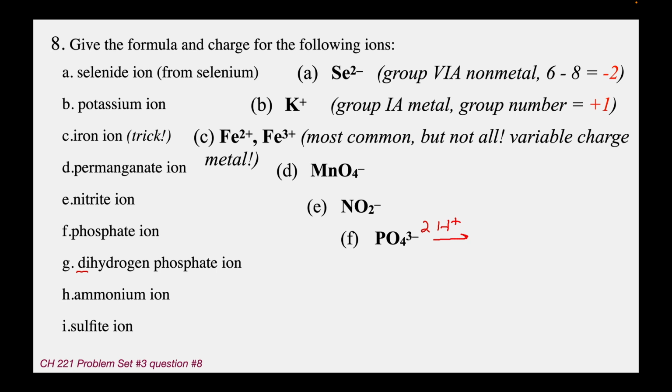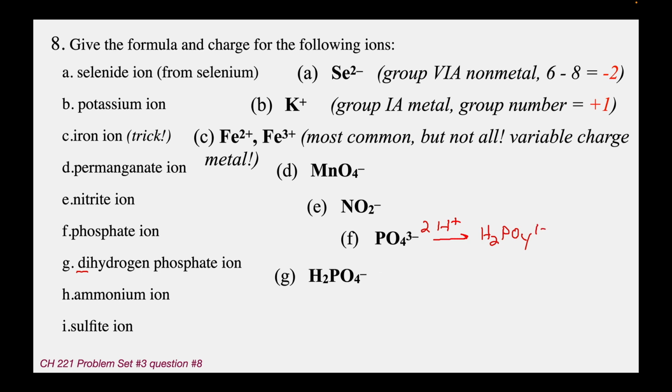So what's going to happen then is when we make this dihydrogen phosphate, it's going to be H2PO4. We're literally just combining those atoms together. And the -3 of phosphate will be added to 2 positive ones of hydrogen. So -3 plus 2, this thing is going to have a -1 charge.